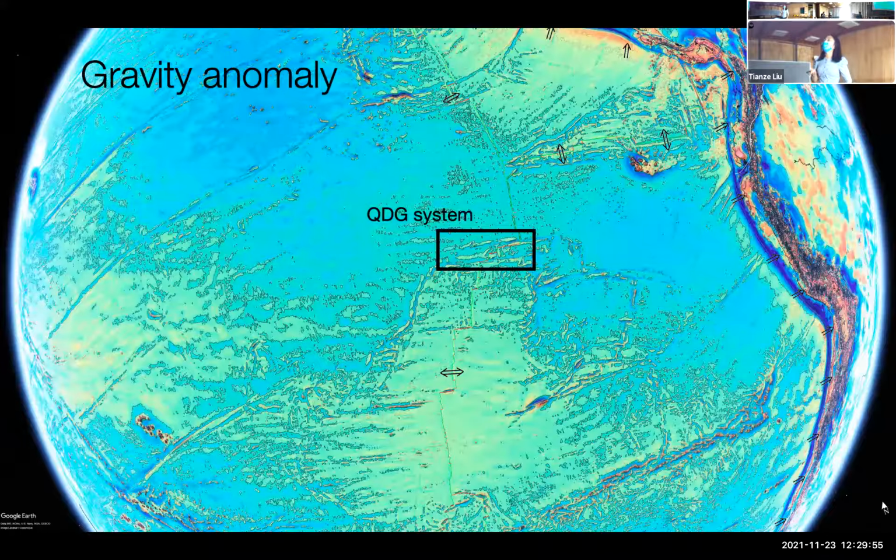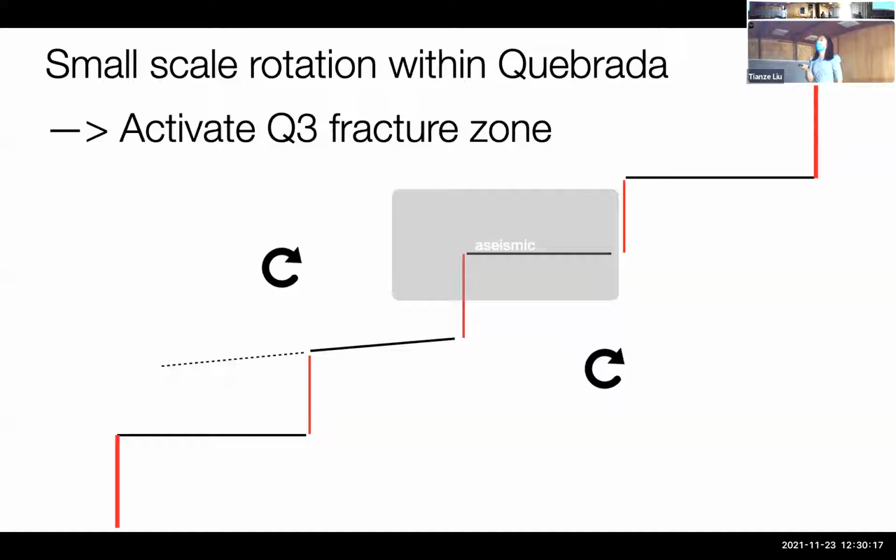Maybe it's clearer to view the QDG system on the gravity anomaly map, where the QDG system clearly marks a difference in gravity anomaly between the major East Pacific Rise and the area to the north of it. So perhaps what we're looking at in the Quebrada transform fault is a small transform fault under a big tectonic history.